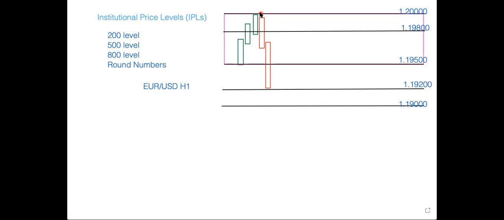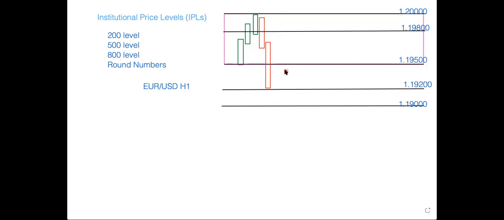The price is coming down, giving a bearish engulfing, and even passing through 119,800, which is the next IPL. It's coming down, even breaking below 119,500, which is the next IPL. After breaking this and closing below, we will consider this as an order block.